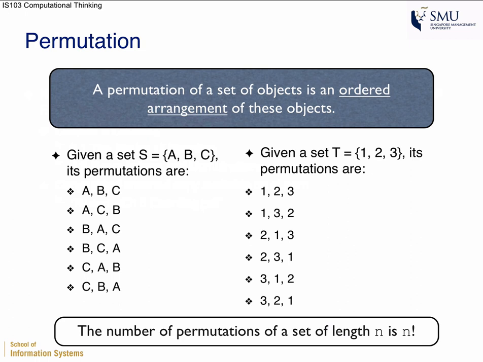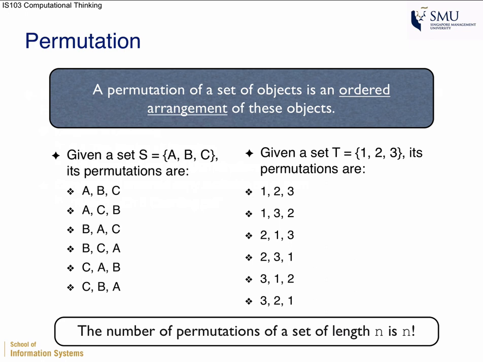Now if there are n objects, there are n possibilities of things that can come in the first place. Then the second place will have n minus 1, and then the third place will have n minus 2, all the way to 1. So n factorial is n times n minus 1 times n minus 2 times n minus 3, all the way to 1. Now this is when we talk about the permutation of all n objects.